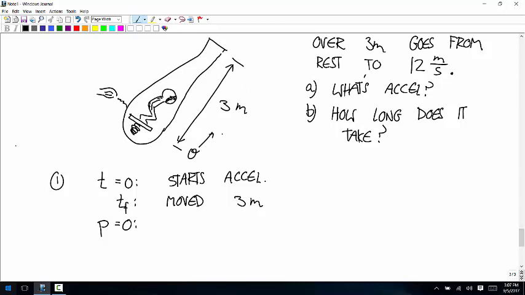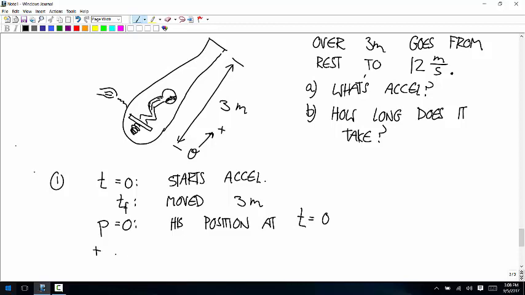But let's choose a positive direction in the direction of motion. So position equals 0 is his position when time is equal to 0.